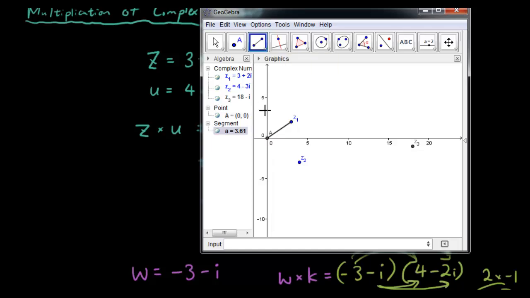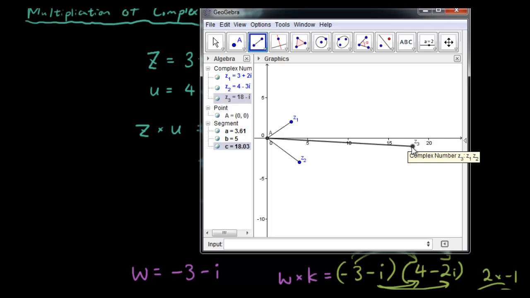Let's get the line between the origin and z2, and z2 has a magnitude of 5. Now let's look at the magnitude of z3. It is pretty much exactly the magnitude of z1, 3.61, times the magnitude of z2, which is 5, giving the magnitude of z3, which is 18.